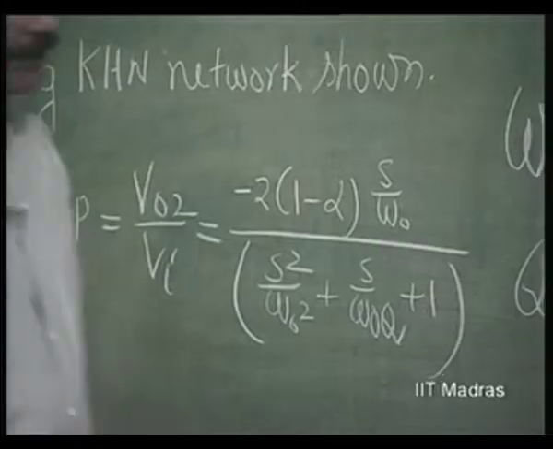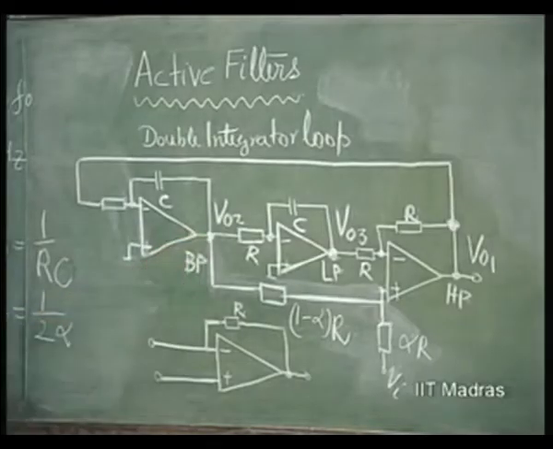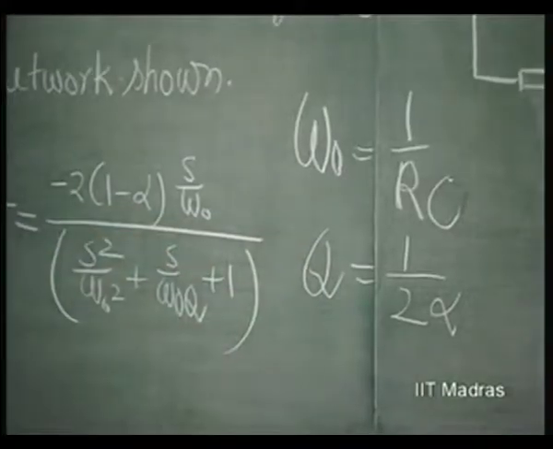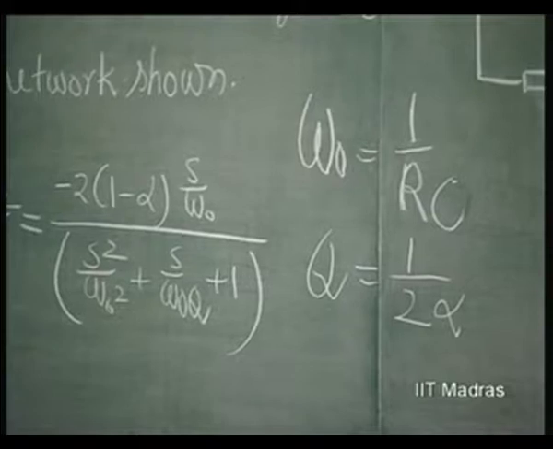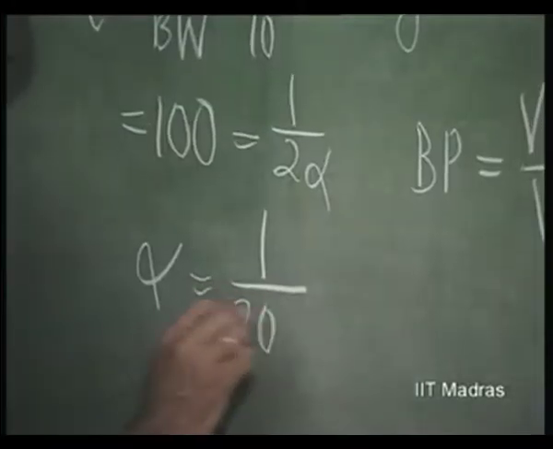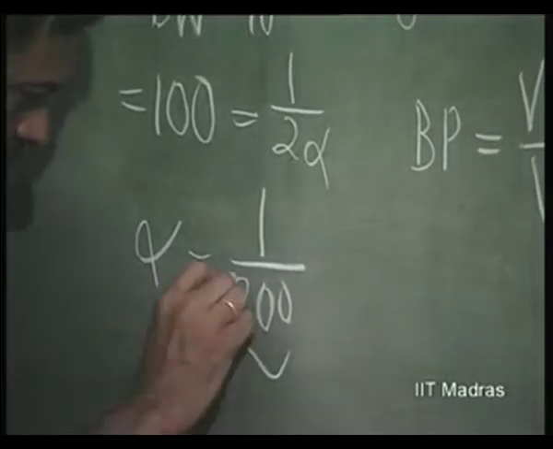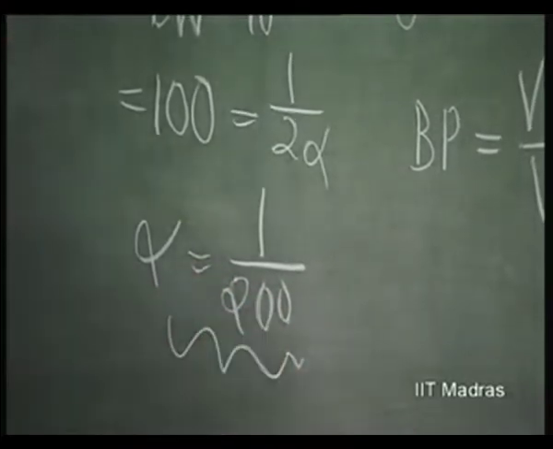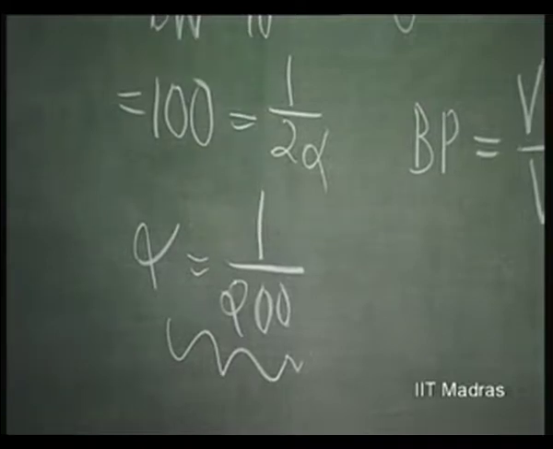That means, if the output is taken at this point, V naught 2, V naught over V I is going to be this, with Q equal to 1 over 2 alpha, omega naught equal to 1 over RC. So, this is equal to 1 over 2 alpha, or alpha is equal to 1 by 200. So, that is the design. Alpha is made equal to 1 over 200.